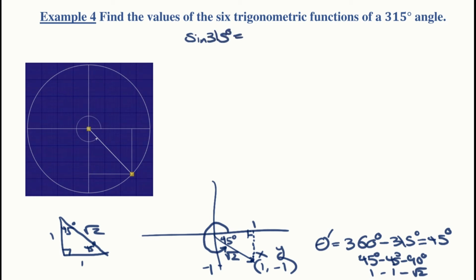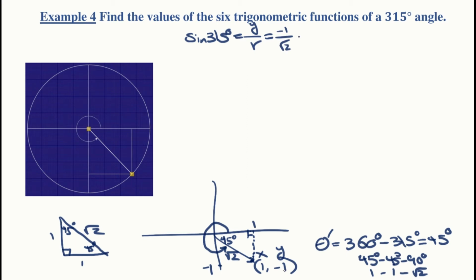So remember, we're just handling this directly. That is going to be the side opposite. Well, we're actually now using the x and r notation, right? So it's just going to be y over r. What's y? Y is negative 1 over square root of 2.